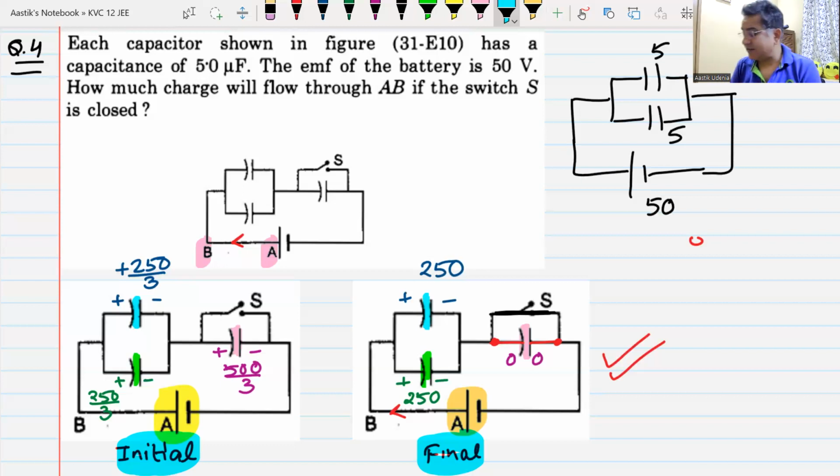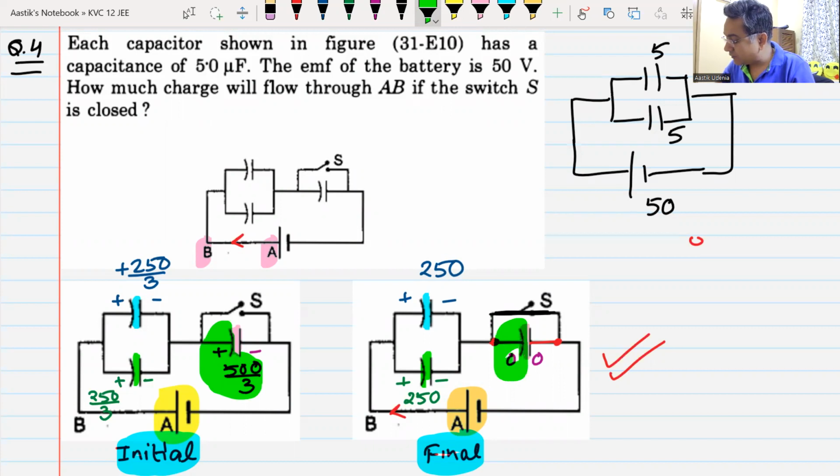If you don't understand it in this way, you can understand this in a different way. Okay, I'll give you 2 minutes. So how do you find out how much charge has flown? If you look at this plate of the capacitor, initially this plate had plus 500 by 3 charge.